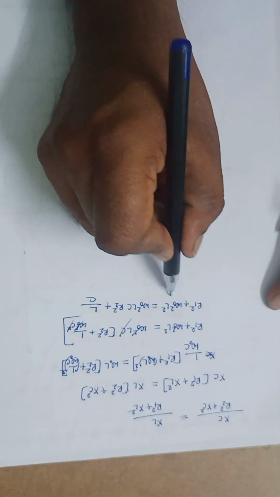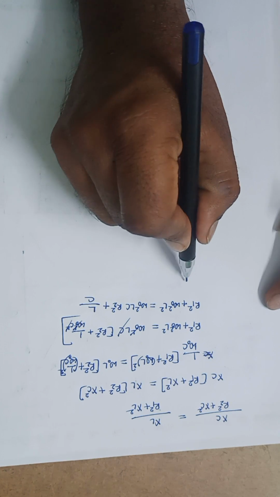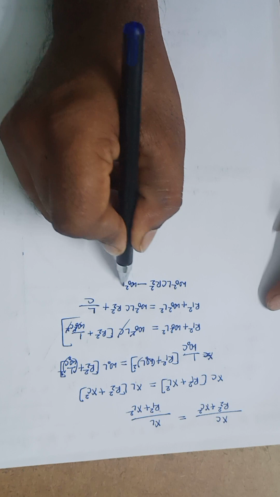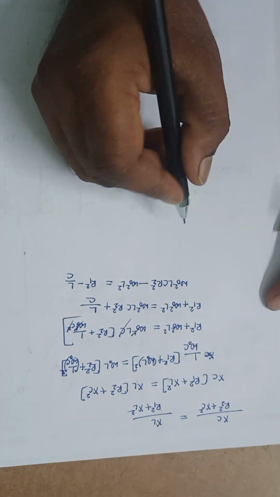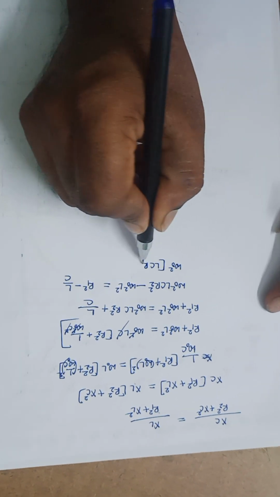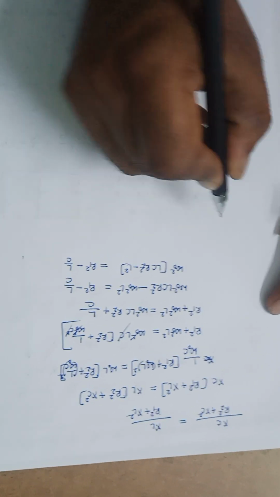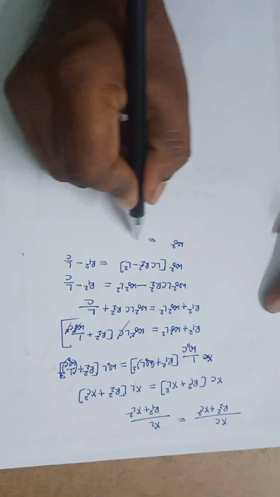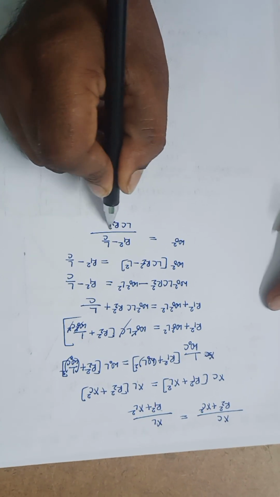If I bring this term to the right side, then I get omega naught square LC into R2 square minus omega naught square L square is equal to R1 square minus L by C. Taking omega naught square common, it is LC into R2 square minus L square, equal to R1 square minus L by C. So omega naught square is equal to R1 square minus L by C divided by LC into R2 square minus L square.